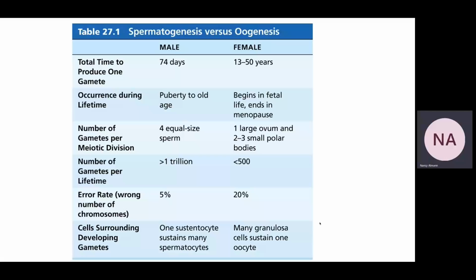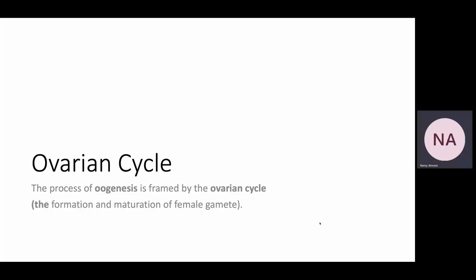In the course of a lifetime, males produce about 500 billion sperm. That's pretty moving. We'll talk about the ovarian cycle in a minute.